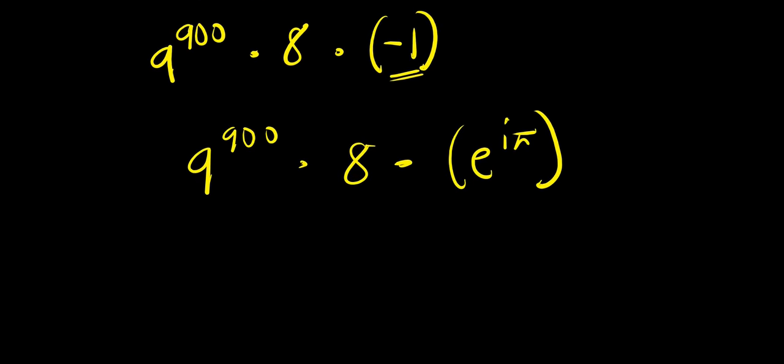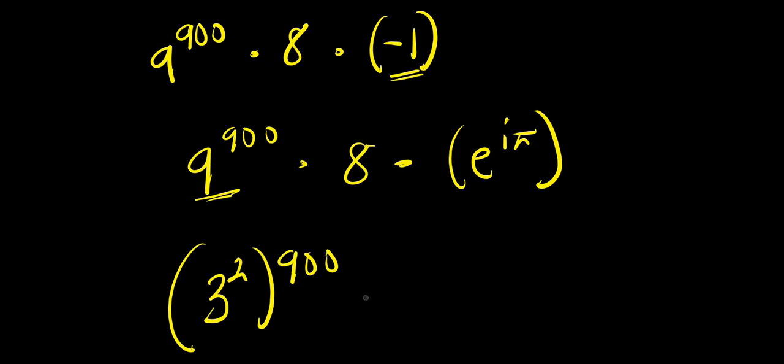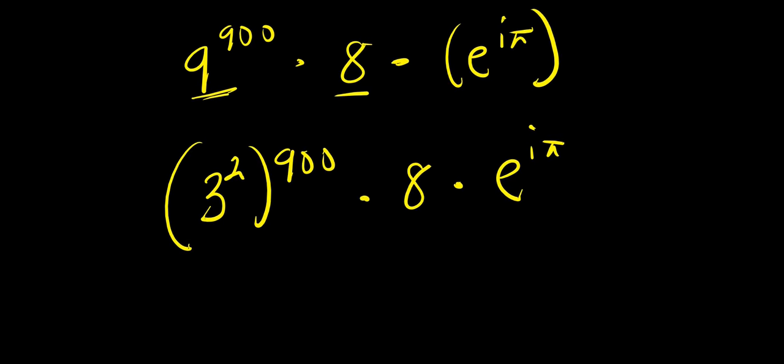So right now, I can express this as 3 to the power of 2, and this is to the power of 900, times 8 times e to the power of i times pi. So, if you multiply this out, you have 3 to the power of 2 times 900. That is 1,800.